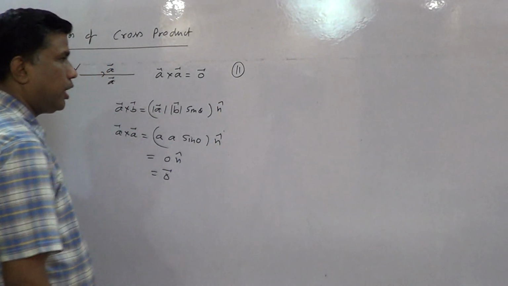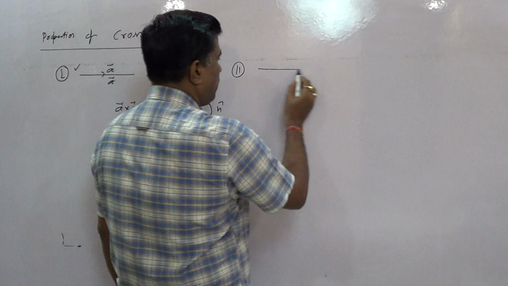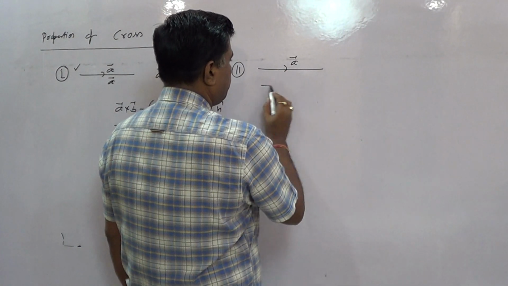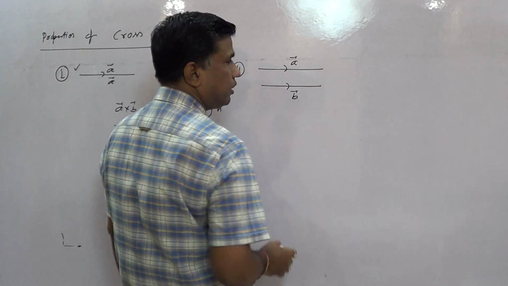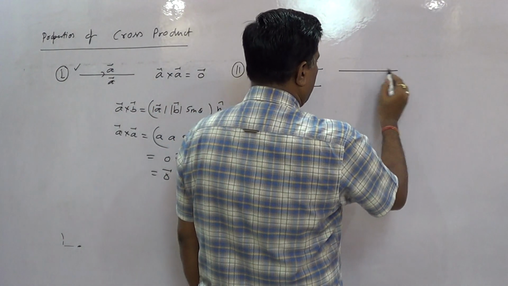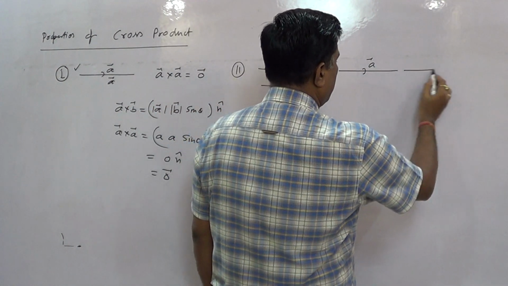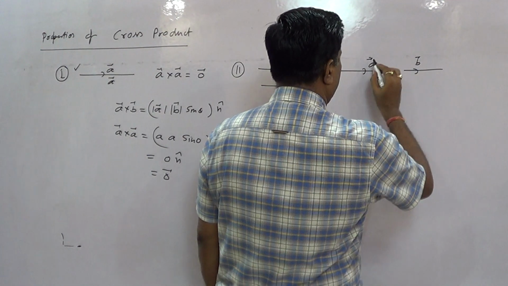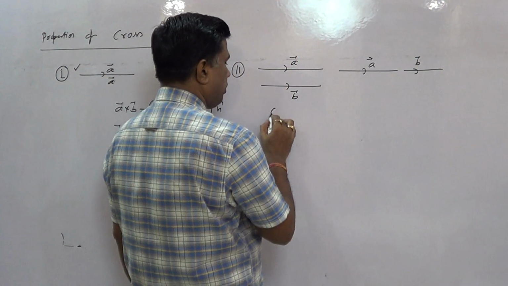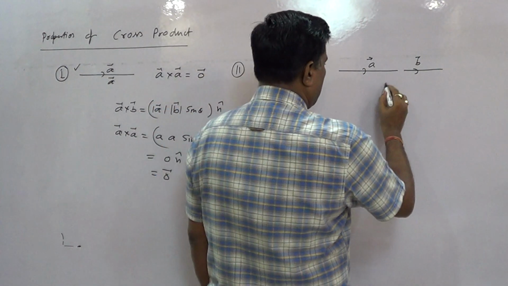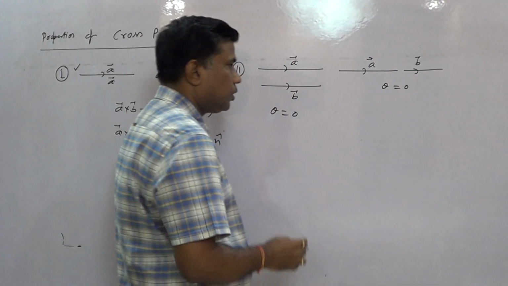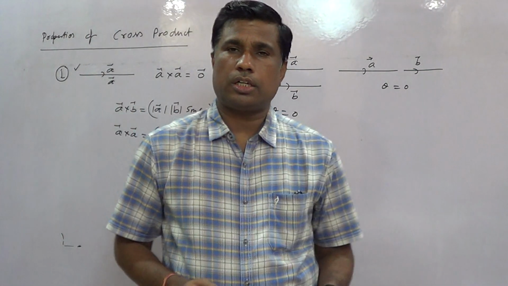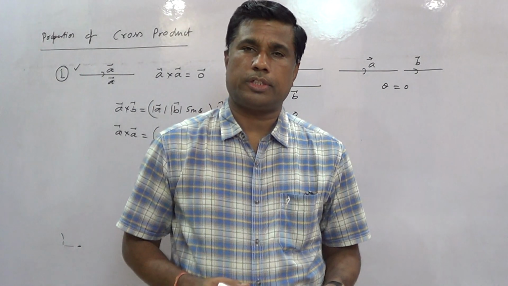Now, second property. Suppose we have two vectors A and B. They are parallel to each other. Or again two vectors A and B, they are collinear to each other. In both cases, the angle between A and B is 0. So in this case also, cross product of these two vectors is equal to 0 vector.